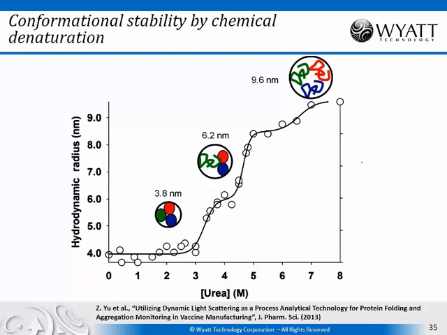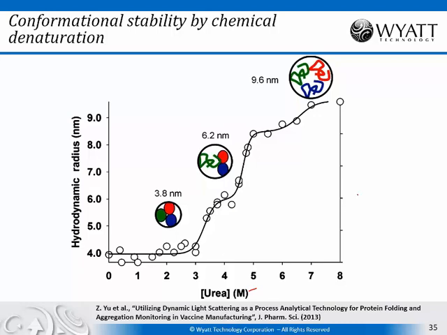Another way of assessing conformational stability is through chemical denaturation. There are certainly some issues with measuring stability at elevated temperature, because processes that occur at elevated temperatures like 60 degrees aren't really relevant to room temperature. So you can look at the chemical denaturation, which takes place at room temperature and assesses the stability of the protein through the unfolding that occurs at different concentrations of a denaturant such as urea.